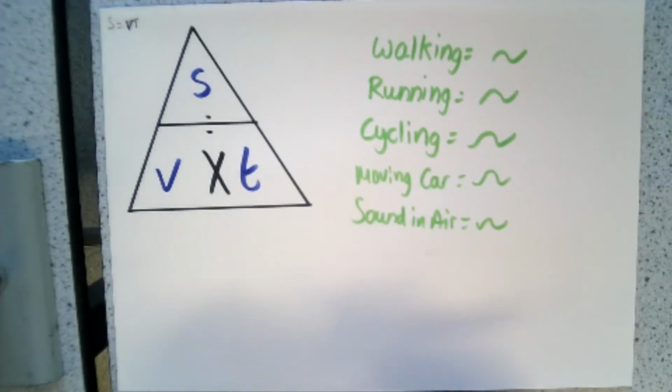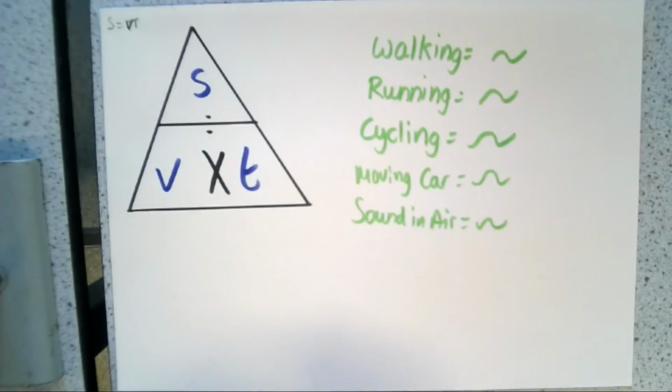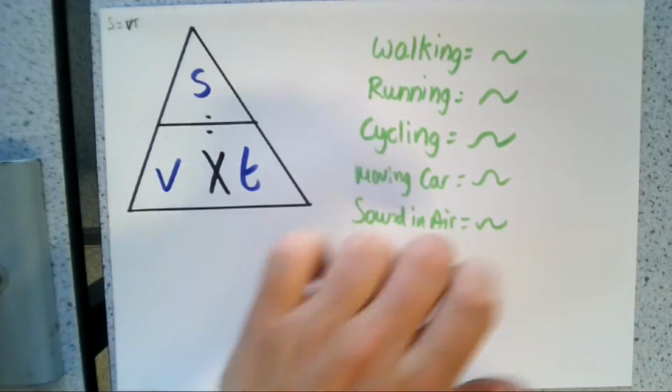One thing the exam board has made very clear in their specification is that you are able to recall typical speeds. Now, I have drawn there some wiggles. Those wiggles stand for approximate. Because if you've got someone, for example, who's 6.5 foot tall, they've got really long angular legs, they may walk quicker than someone who's 5 foot tall with little short legs tottering along really quick.